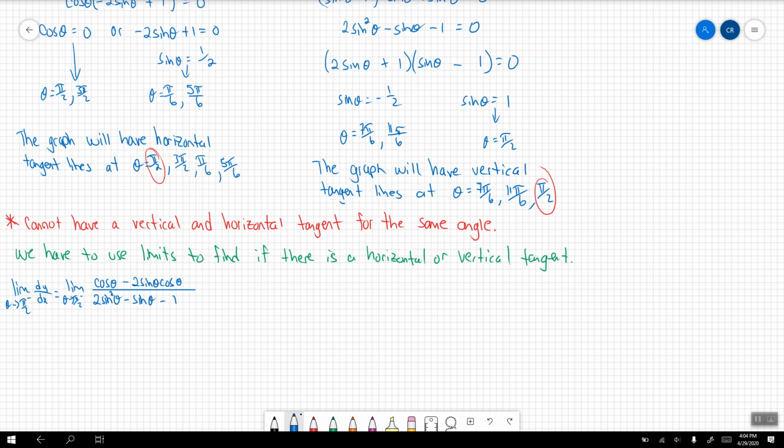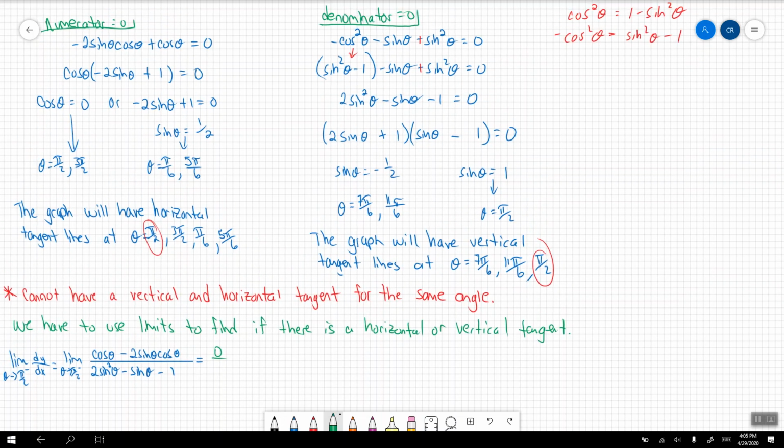All right. Now, if I make a direct substitution, well, I already know the result. If I input pi halves into my numerator, what happens? I should get 0. If I insert pi halves into my denominator, what happens? I get 0.